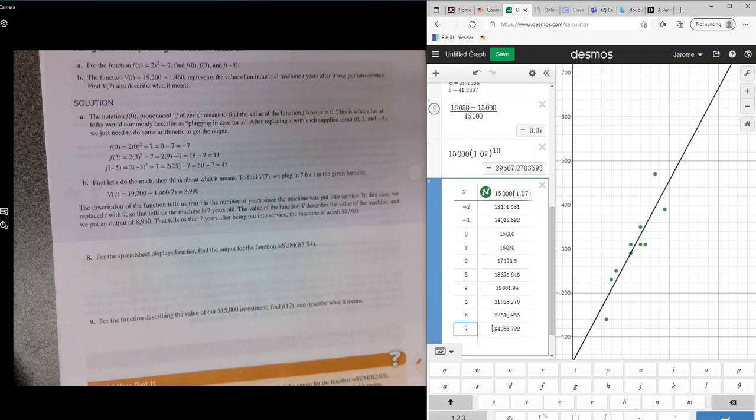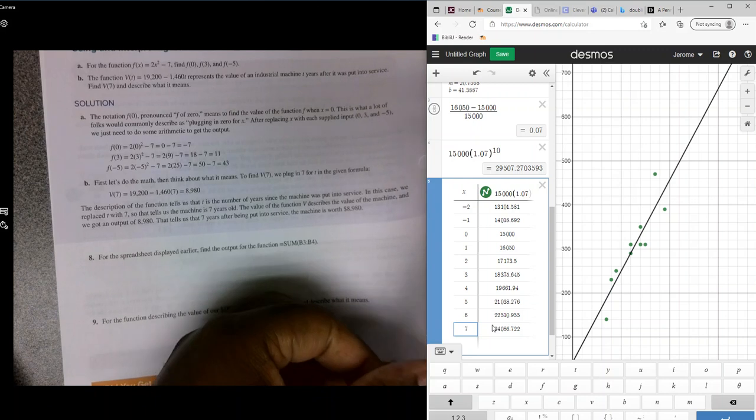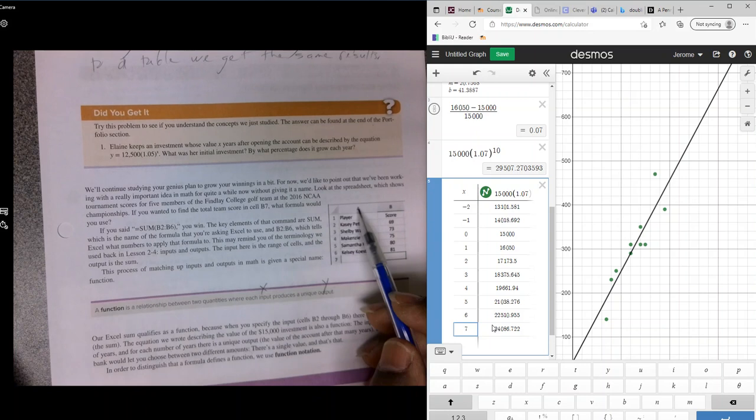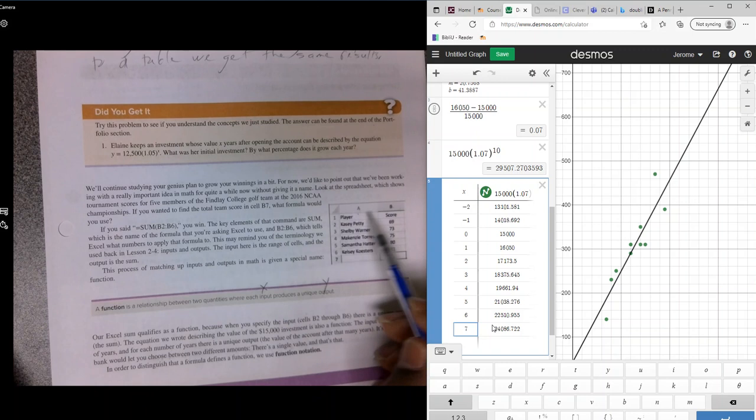All right, so listen. In the spreadsheet, you had A and B. This first line here would be A1, and A1 would be player. B1 would be score. A2 would be Casey Petty. B2 would be 69, and so on.